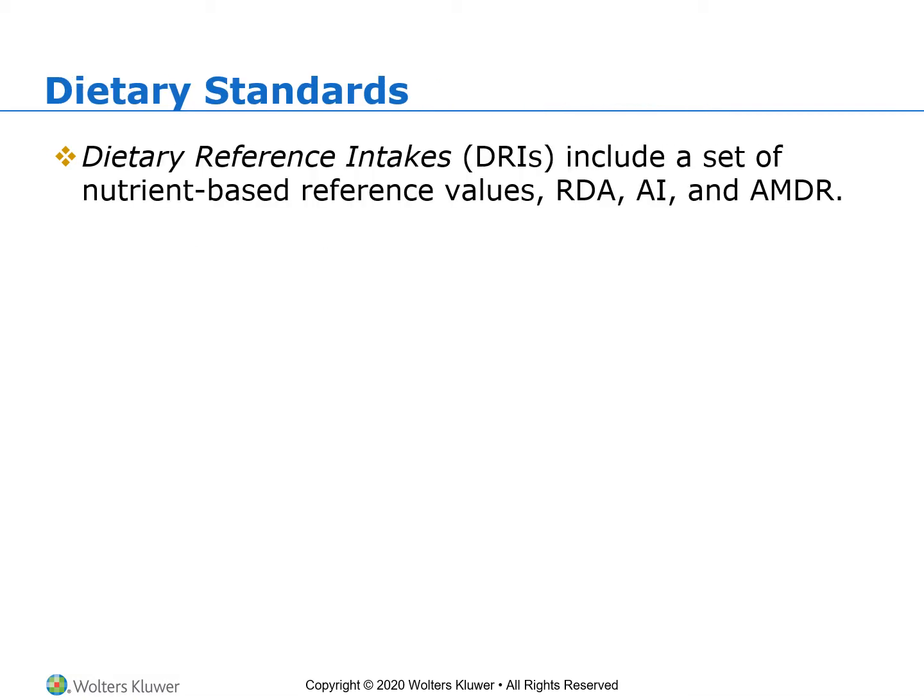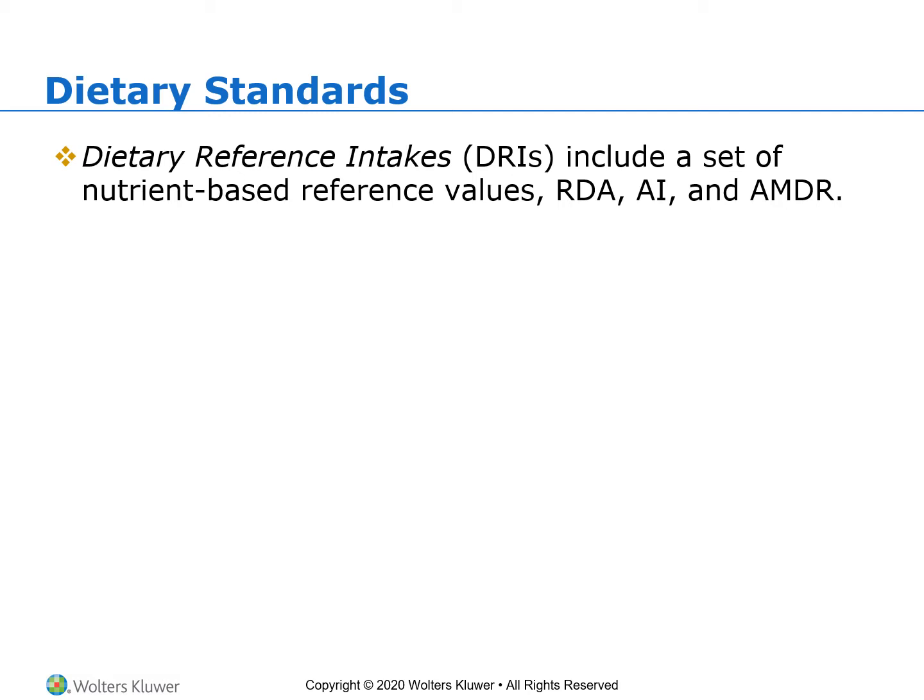The dietary reference intakes are a set of nutrient-based reference values, such as the RDAs, the recommended dietary allowances, the AI, the adequate intake, to the acceptable macronutrient distribution range, the AMDR. These DRIs are periodically updated by the National Academy of Science, and it tells us not only what is the acceptable nutritional value that we need, but also what we need to decrease the risk of chronic disease.